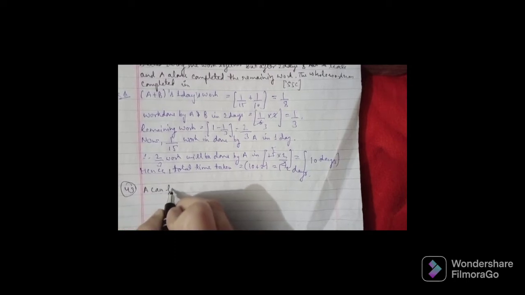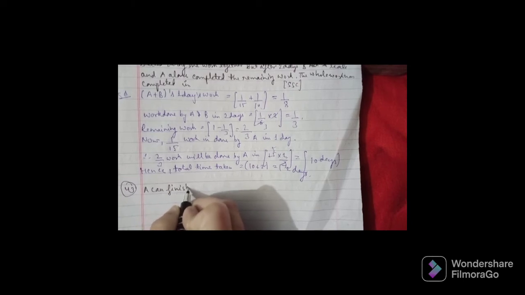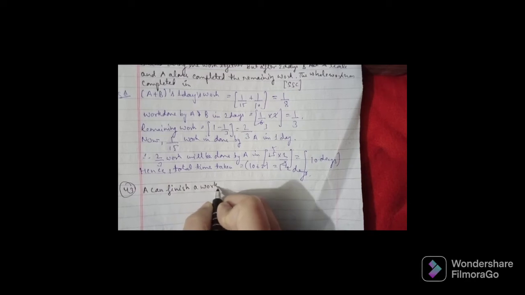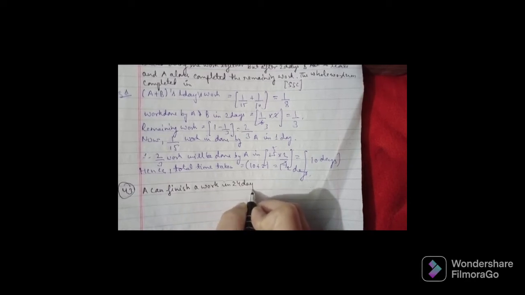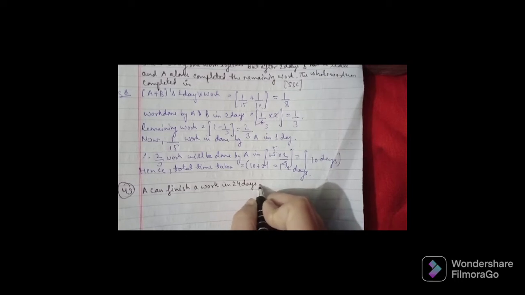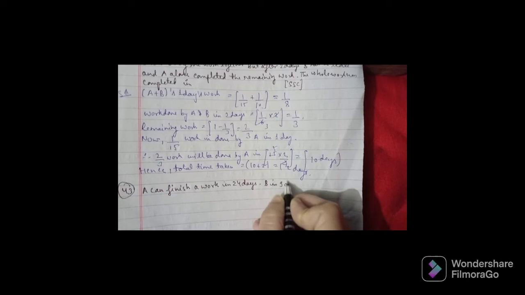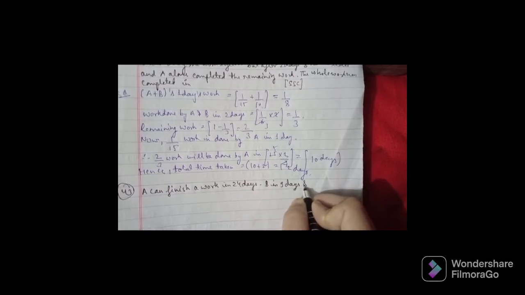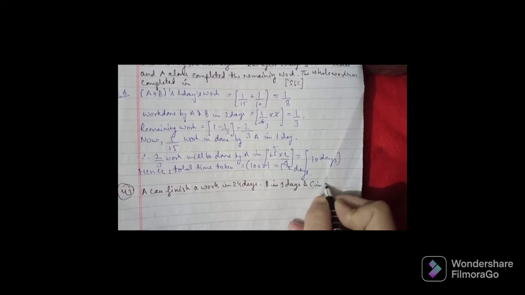A can finish a work in 24 days, B in 9 days and C in 12 days.